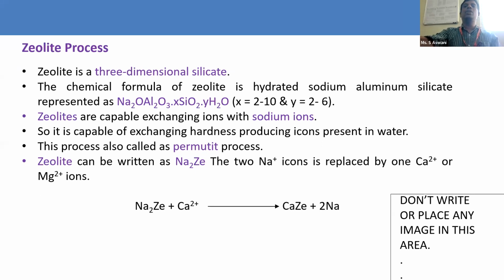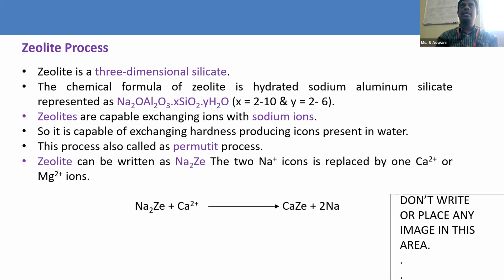It can easily remove the hardness causing cations and anions through this zeolite process. That's why this is called the zeolite permutit process. Permutit is one type of synthetic zeolite.